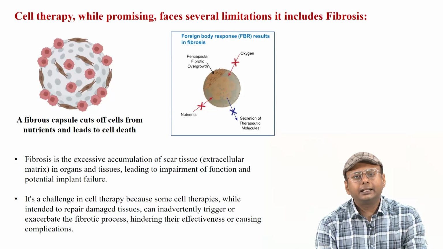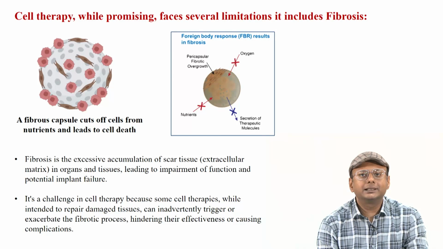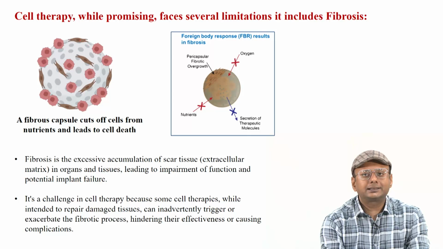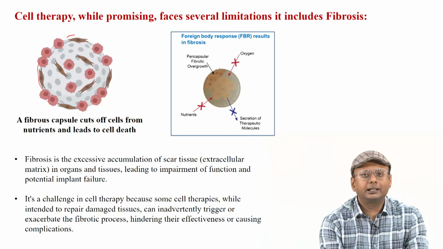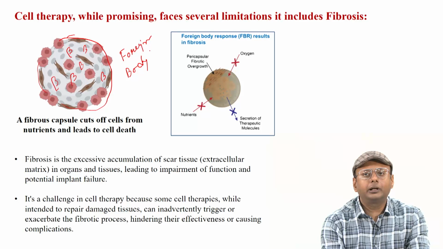But as I said, even if we create a protective barrier around these cells, for example a capsule with the beta islet cells inside, this whole system is still a foreign body, a foreign object to our body.